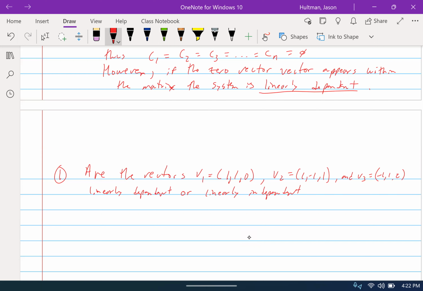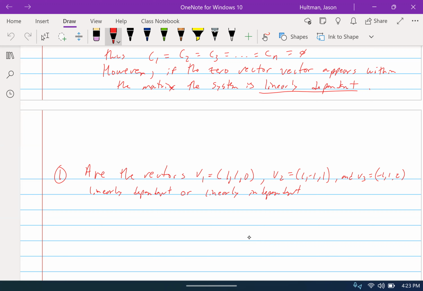Okay, so we start off with the fact that we have 3 components and 3 vectors, which is good. If we had over that or under that, we couldn't get linearly independent. It just wouldn't happen. So it's a good start. That's why we don't know right off the bat. If we had more vectors, then they'd be linearly dependent.